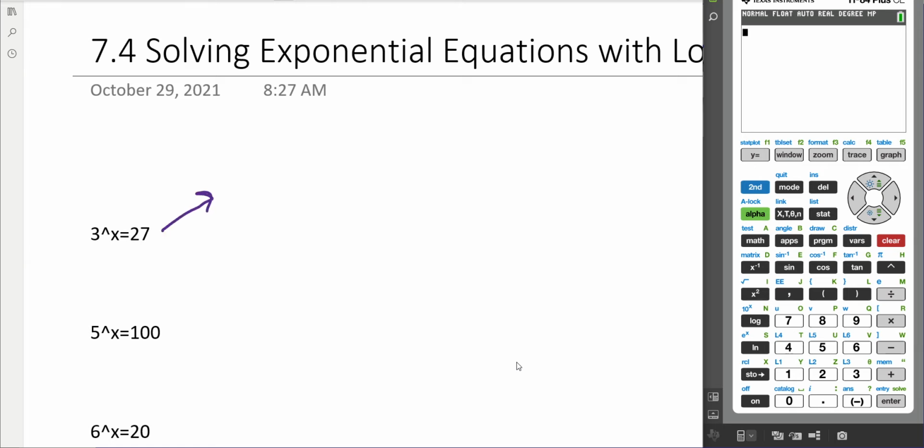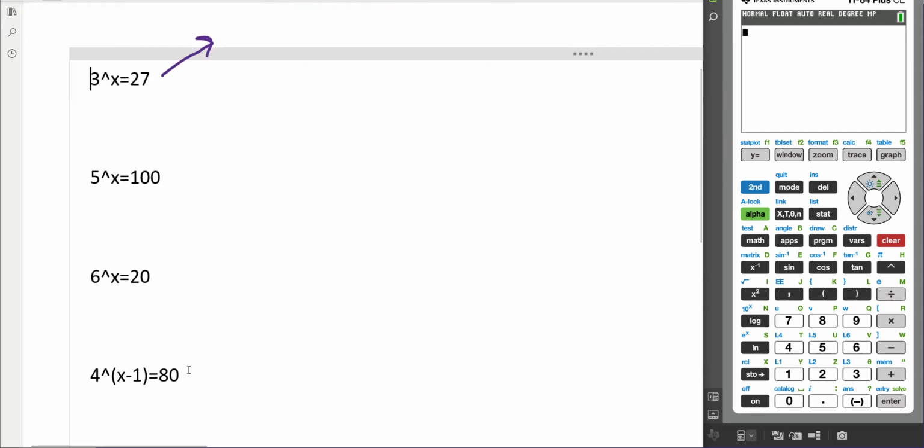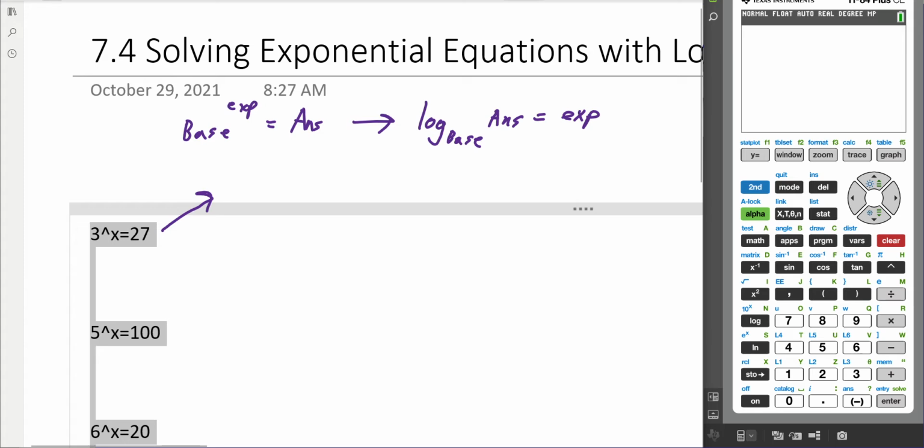If we remember that we have the base, we have the exponent, and that equals the answer. Well, if we transfer it into log form, then we would have log base of the answer equals the exponent. So it's just rearranging things a little bit to make them work.